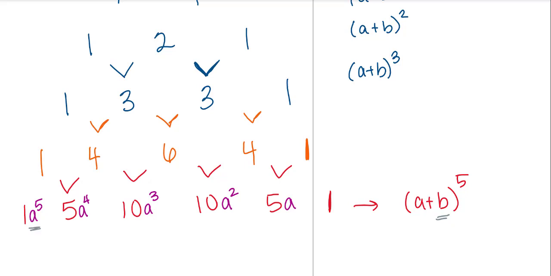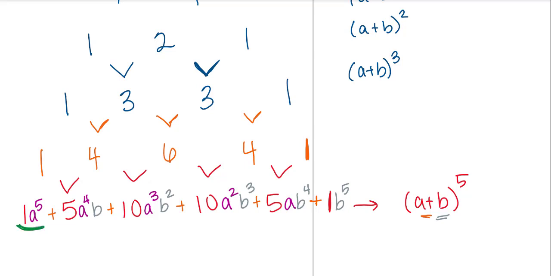So I have no b's, b to the first, then b squared, then b cubed, then b to the fourth, and then b to the fifth. And because I was a plus b, all of these terms are going to be positive. There's no need for them to be negative. And so I've expanded this polynomial without actually even multiplying it by itself 5 times. Certainly you could do that.